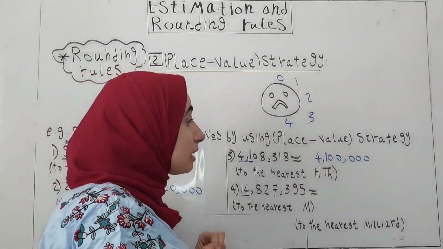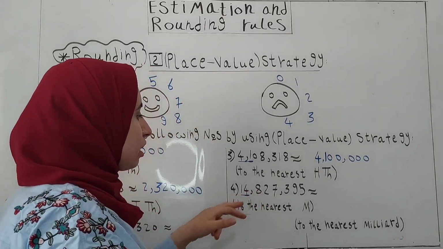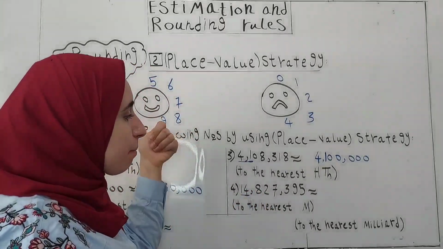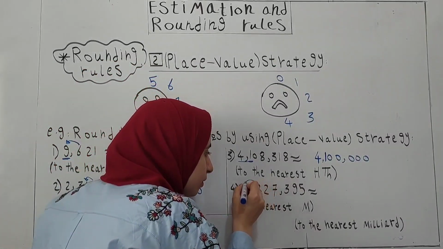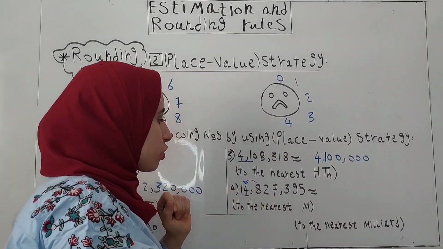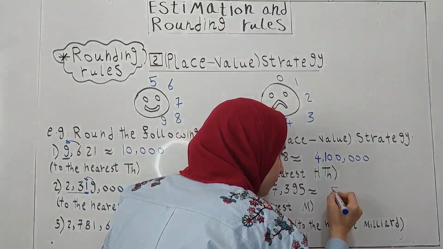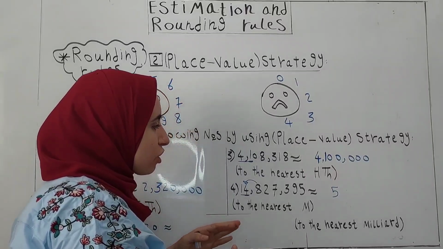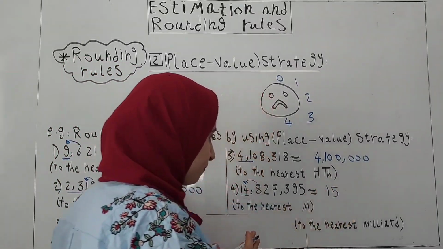And we look at the digit next door, which is 8. 8 is a happy number. So the digit 8 adds 1 to the digit 4. So we cross out 4 and write 5. And write any digit in the next higher place. So we write 1.